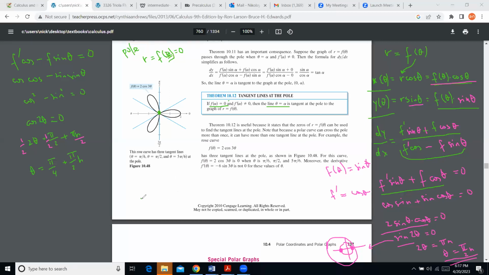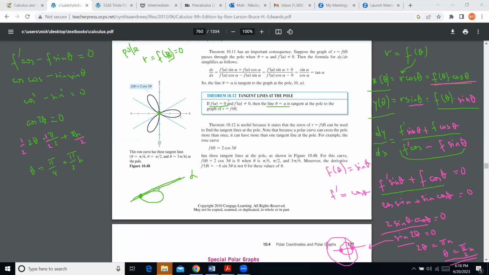So for example, they have a picture here. There is a graph of this, and all of a sudden it comes back to r equal to 0, or to the pole. Then the angle that we have where r is equal to 0, they call it alpha, is going to give us a tangent line.